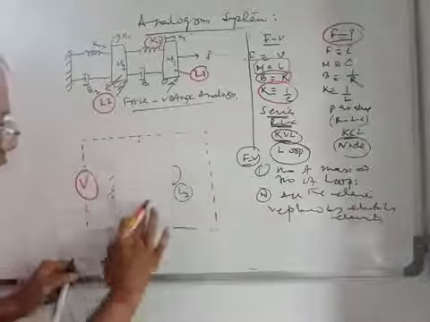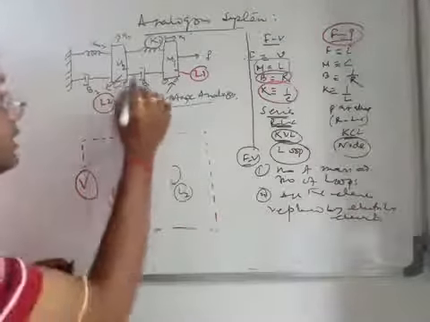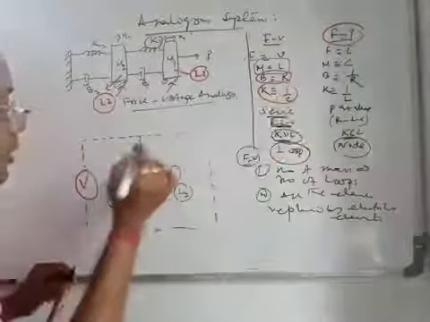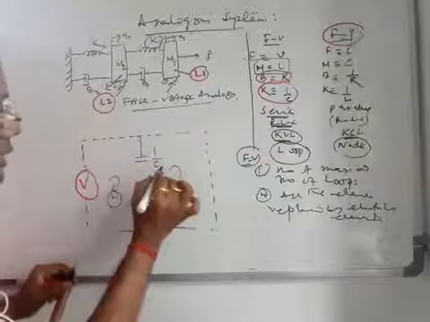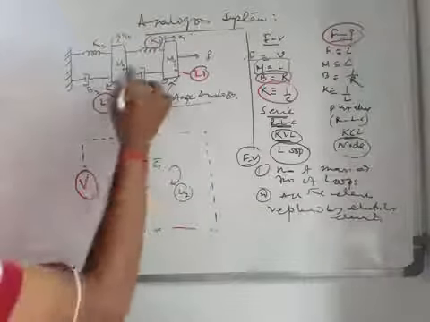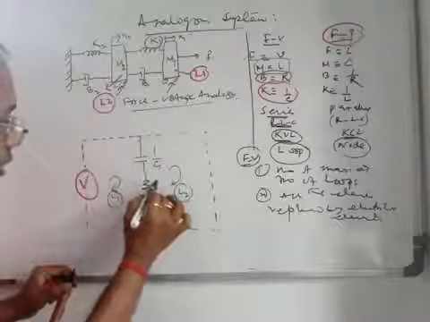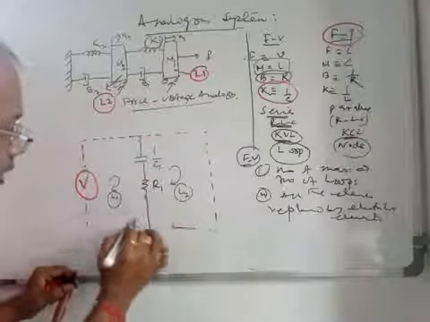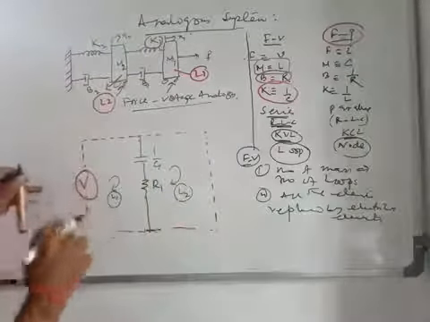So in this common path there will be two elements. This is K1, which means 1 by C1, and this is B1, say this is R1. So this is common to both the loops. This is your voltage, no problem.